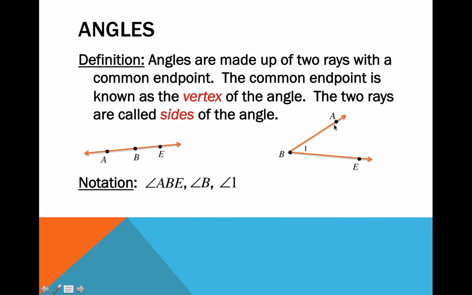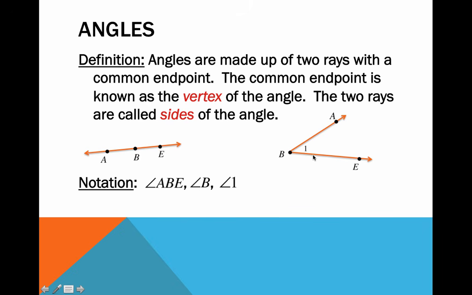Notice in both scenarios, B is the middle letter. In some circumstances, we may notice that in the diagram there is only one angle that has a vertex at point B. If there is only one angle that has its vertex at point B, then we may label an angle using only the vertex point. So another way to label this angle would be angle B.